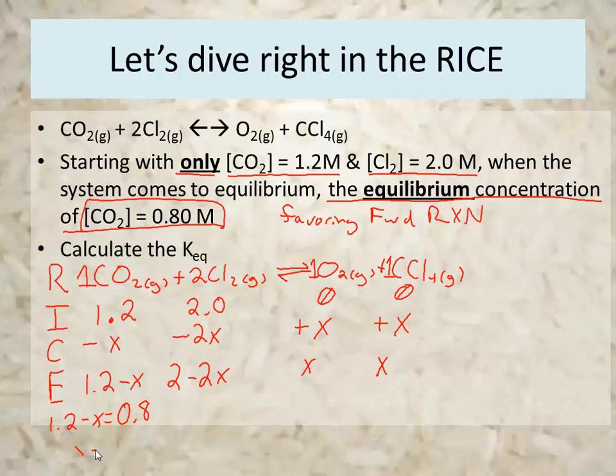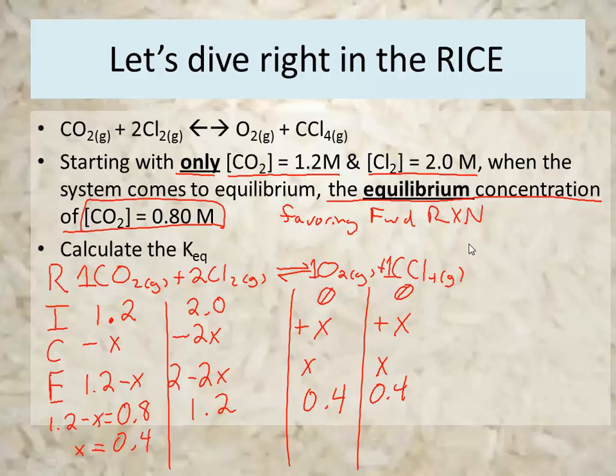So what's X equal to? X is equal to 0.4. Let me put some lines in here to separate things. So what's 2 minus 2X? 2 minus 0.8 is 1.2 at equilibrium, and 0.4, 0.4.